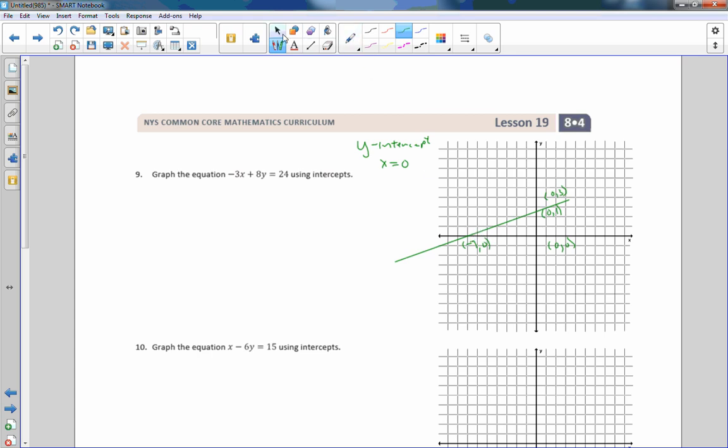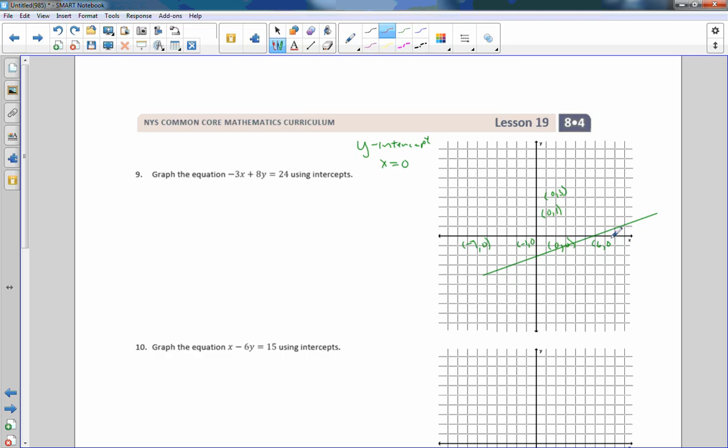Now if I move this line to -1 right here, my x-intercept is right here, and that is the point (-1, 0). I'll do one more point. I'll move this over to, say, here. That is the point 1, 2, 3, 4, 5, 6. That is the point (6, 0).